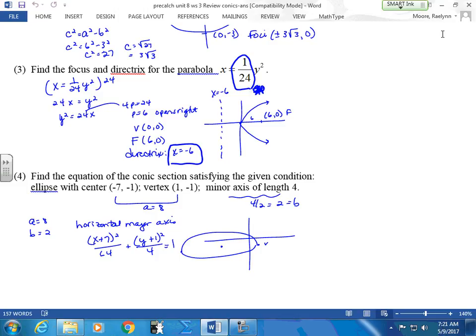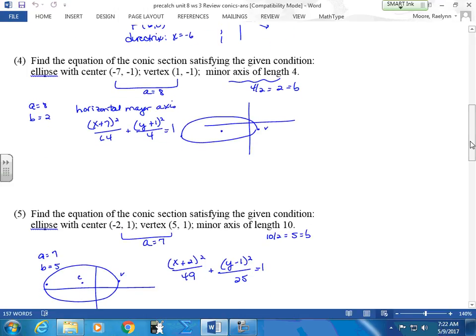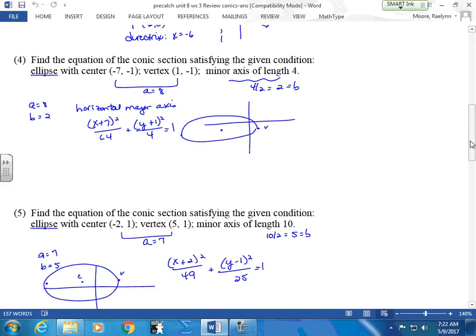Okay. Find the equation that satisfies this guy. The ellipse. There's my center. There's my vertex. I find it helpful if you translate your axis. Kind of judge better. When you do your sketch, just remember to kind of place it around the axis.